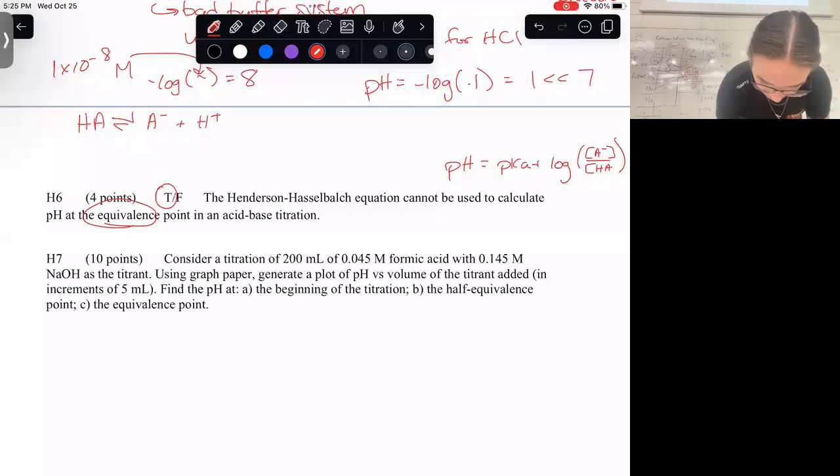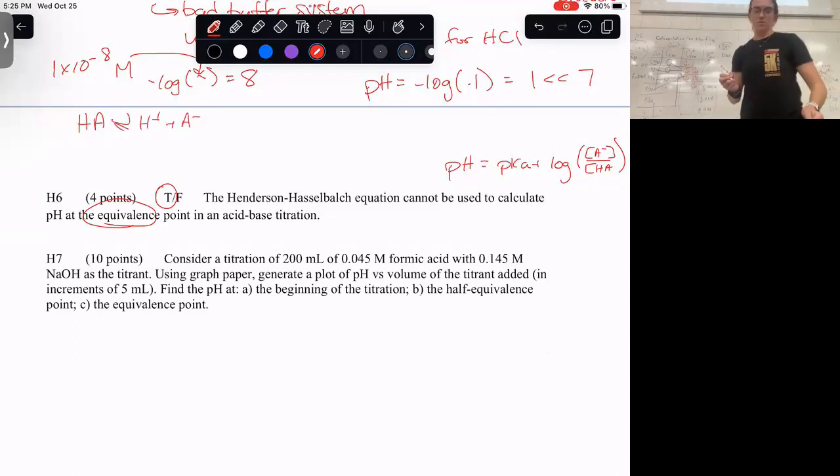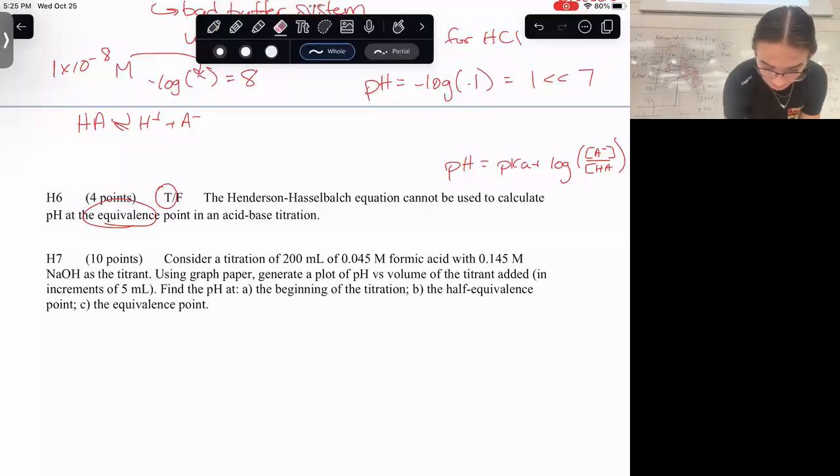Sorry, I'm getting all confused. I'm doing equilibrium. This is not even the correct question.